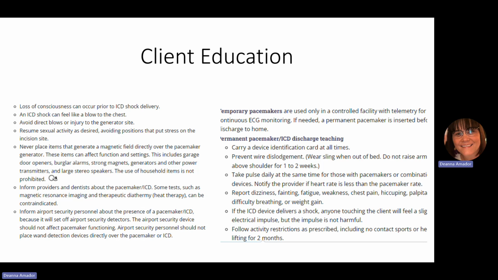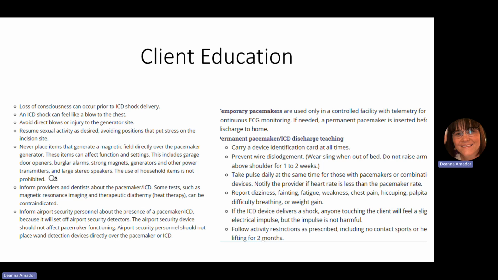I guess the difference between an ICD and a pacemaker, just think that the pacemaker paces the heart, so it helps slow rhythms beat faster. And then the ICD defibrillates the heart, so it stops fast, dangerous rhythms with a shock.